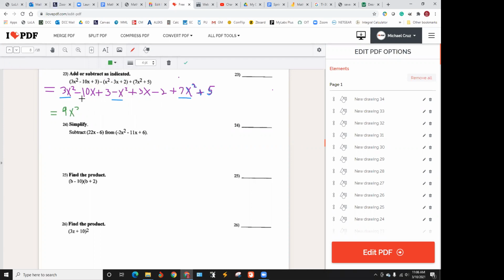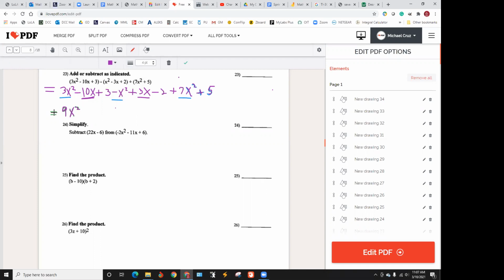All right. These are alike. There's only 2 of those for the x terms. I got to remember to click before I change color.